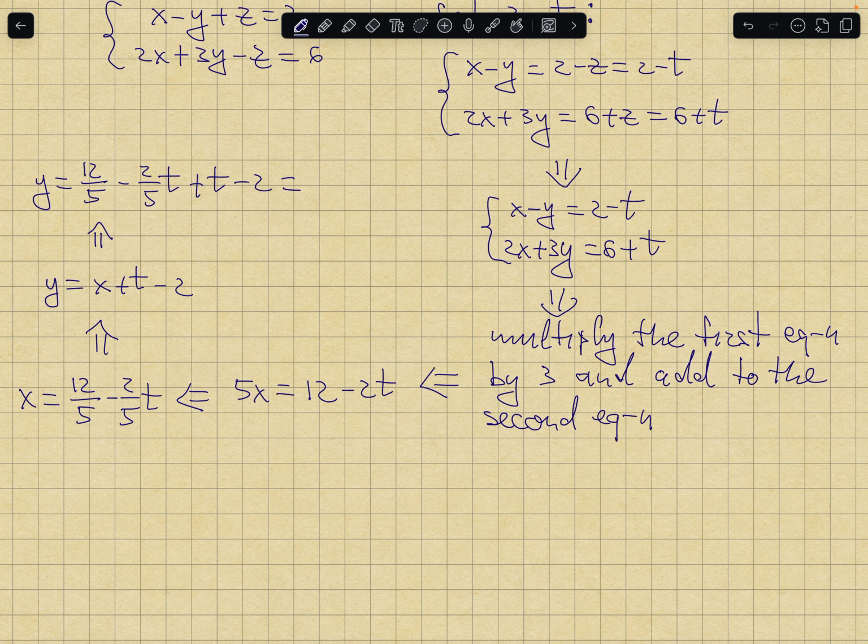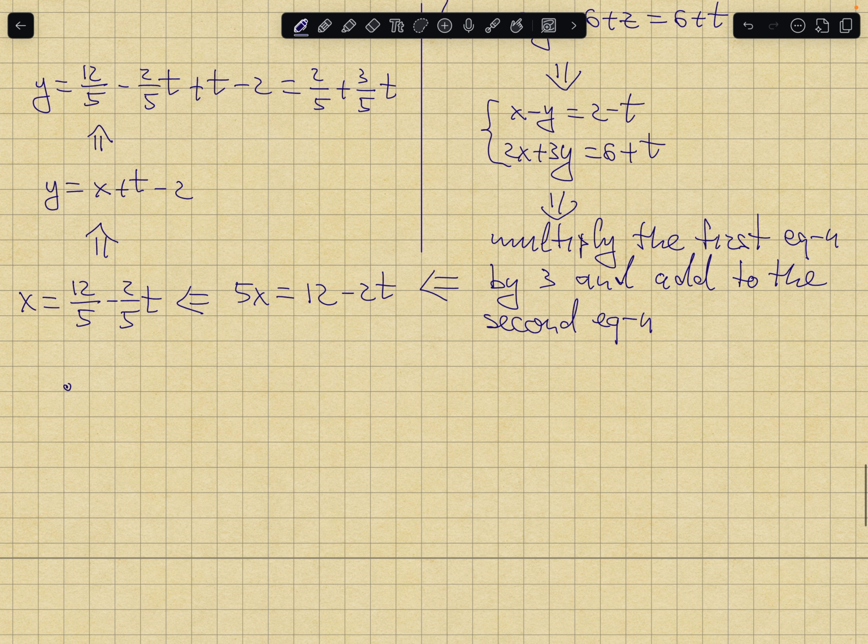So therefore, this is going to be 12/5 minus 2, that is 10/5, 2/5, and then minus 2/5 t plus t, that's 3/5 t.